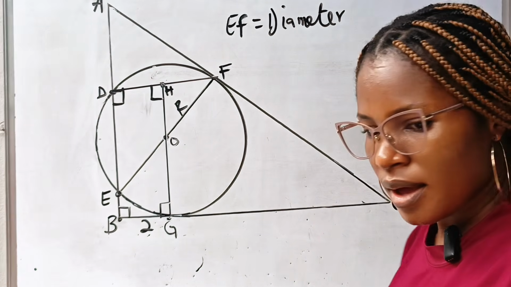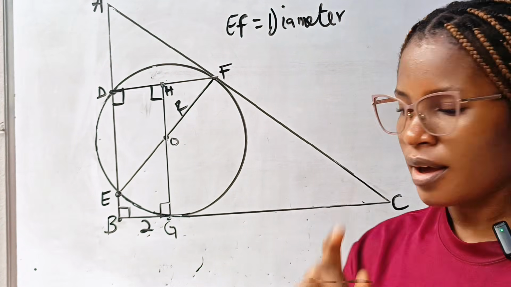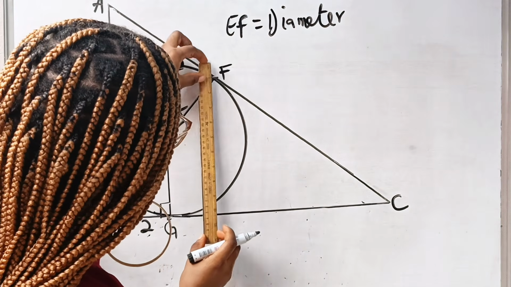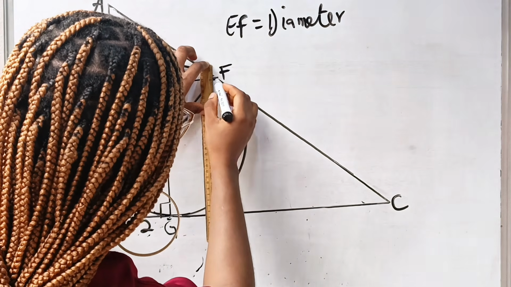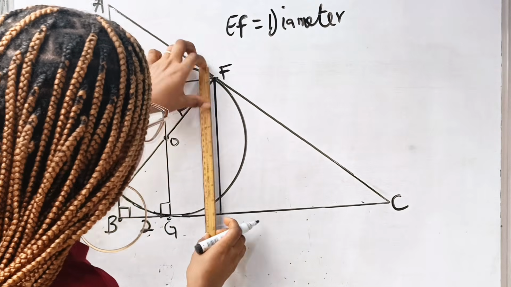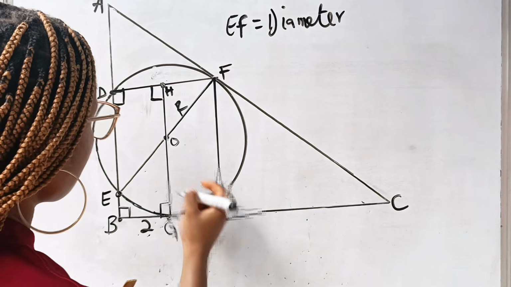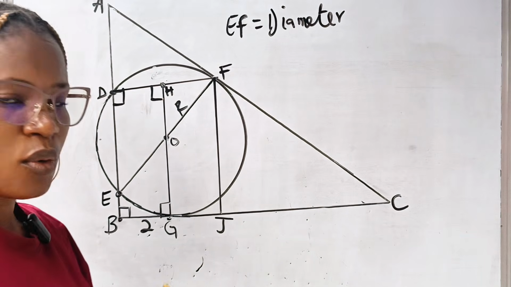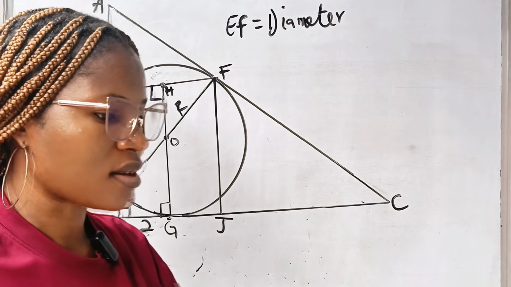Remember, a perpendicular, with emphasis on perpendicular. So we are going to drop another perpendicular from here down. Now, let's call this point J instead of I, so that we don't mistake our I as 1.